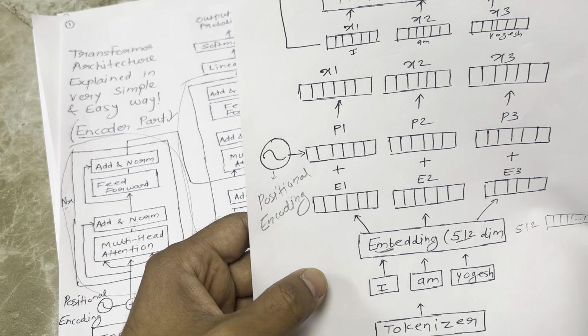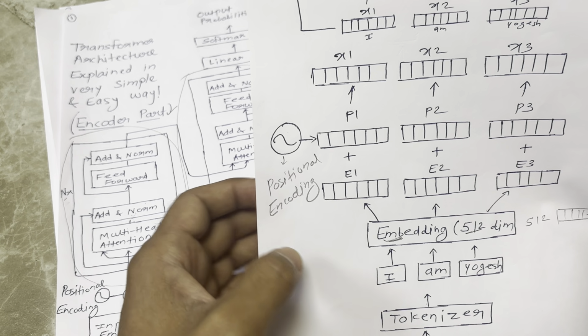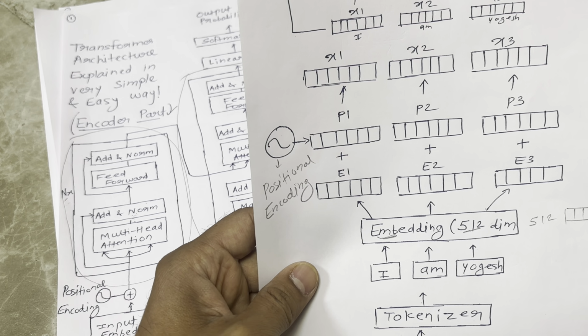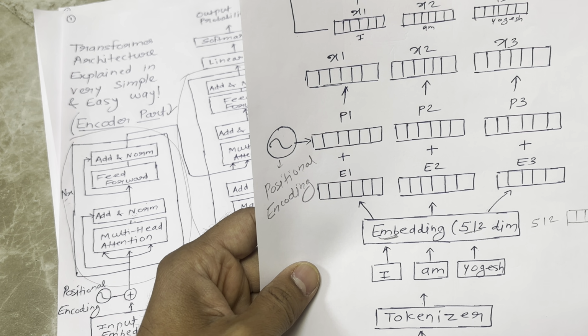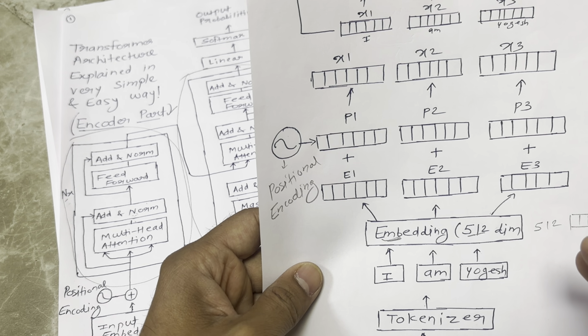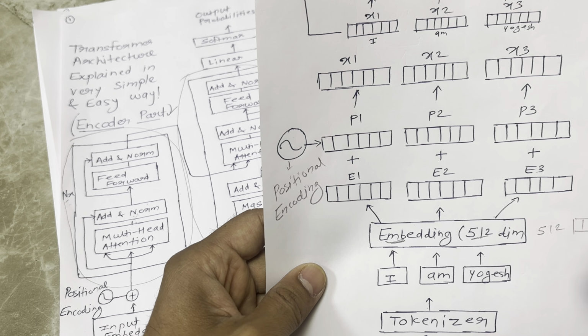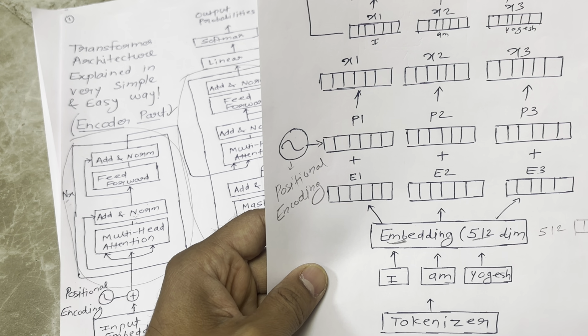For each position, like position number 1, it will generate a 512 dimensional vector. Similarly, for position number 2, it will also generate a 512 dimensional vector, and similarly for position number 3.